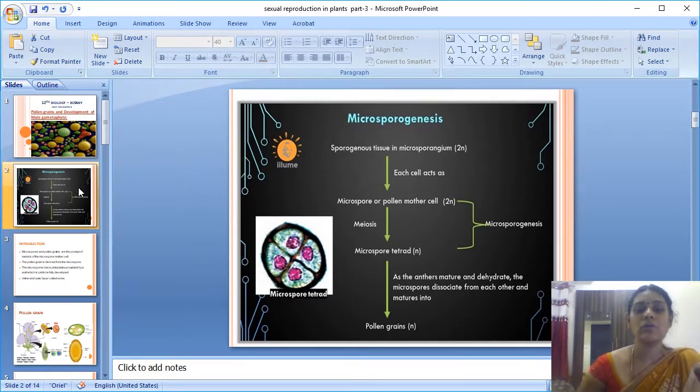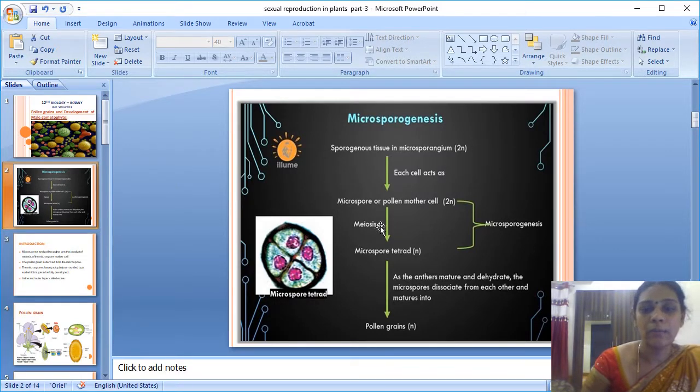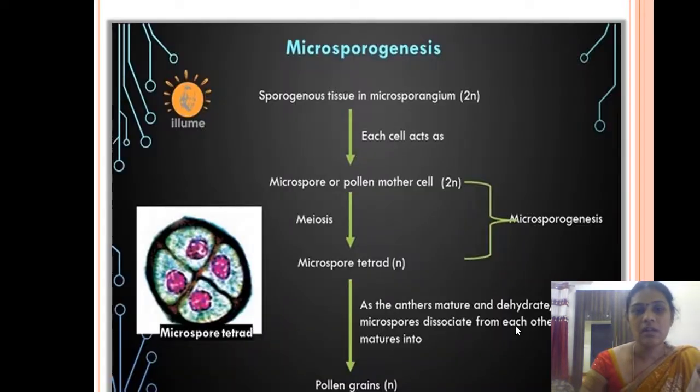In the microsporangium each cell acts as a microspore or pollen grain mother cell. Sporogenous tissue in the microsporangium is 2n, that is diploid in nature. Each sporogenous cell has 2n chromosomes, so it is a diploid chromosome number.